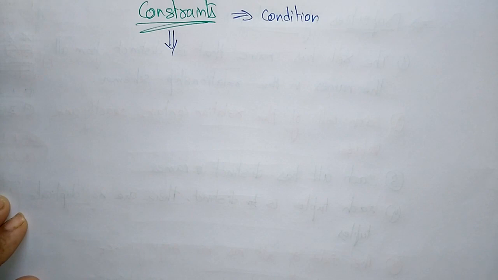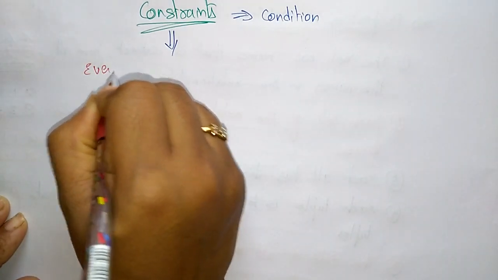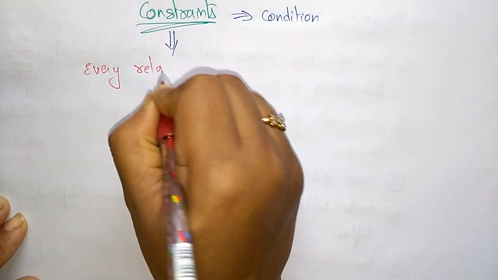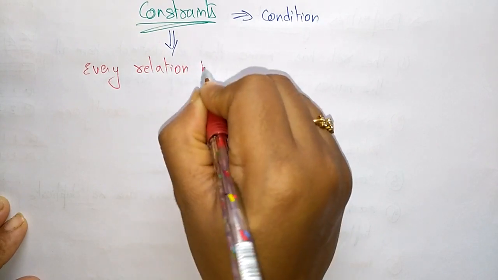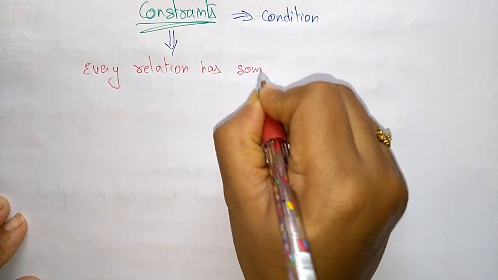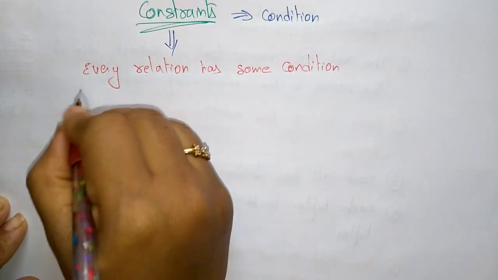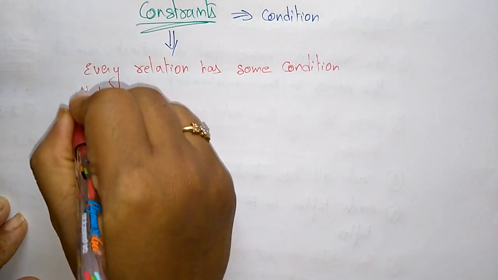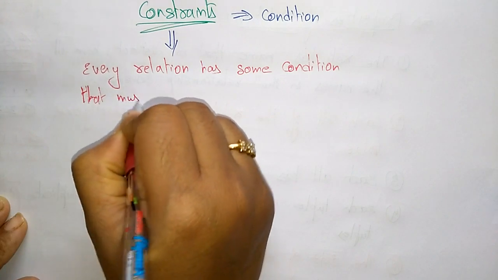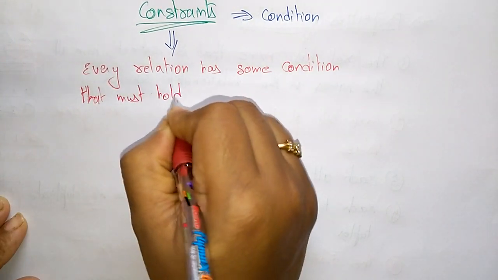A constraint means here every relation, means every table, has some condition that must hold for it.